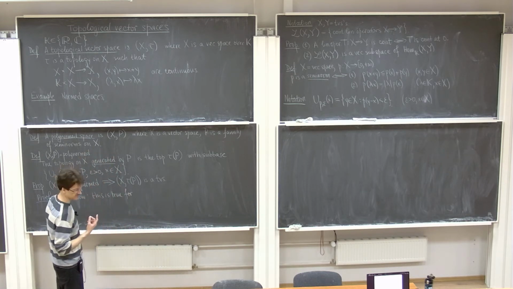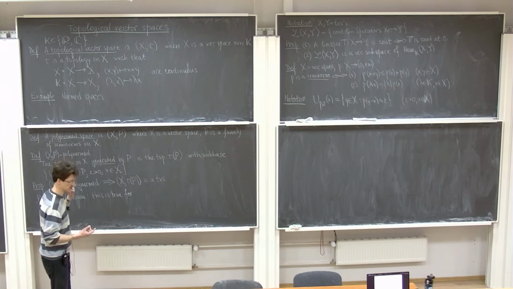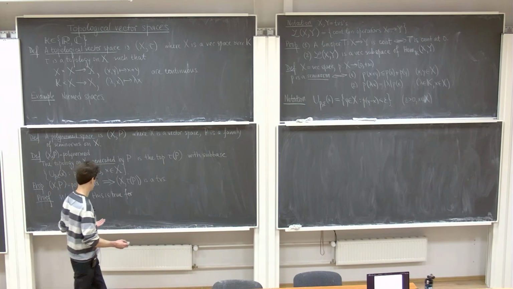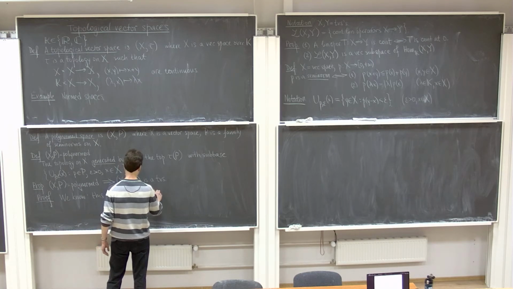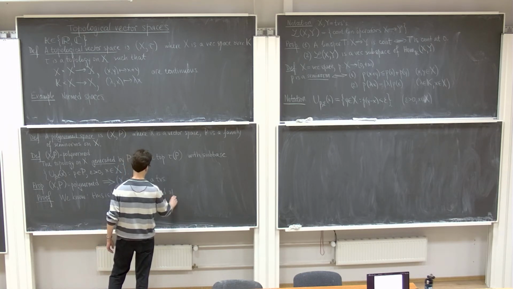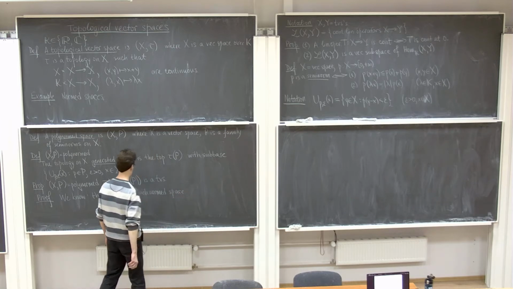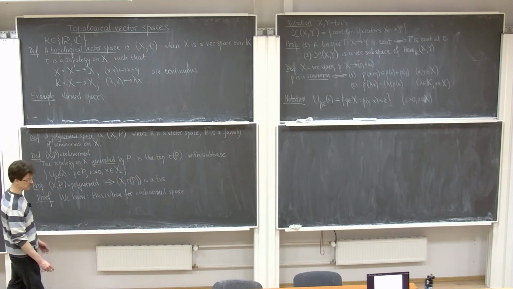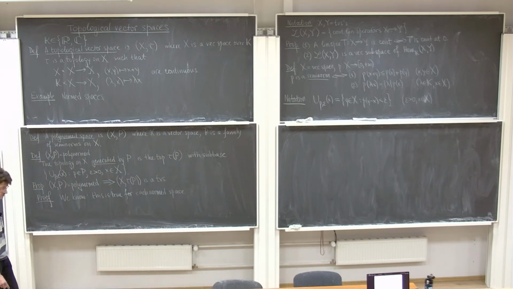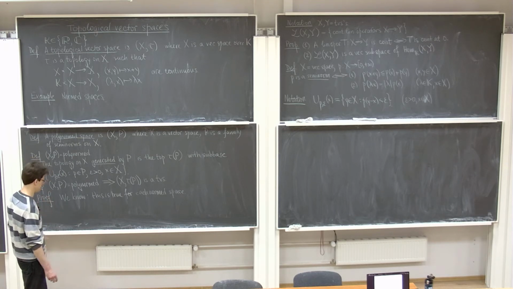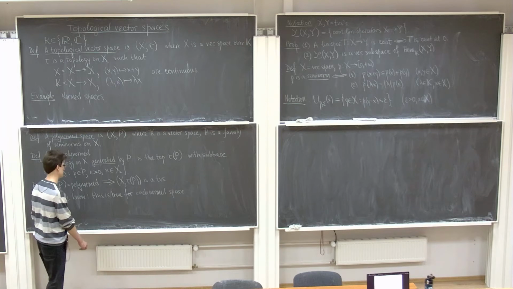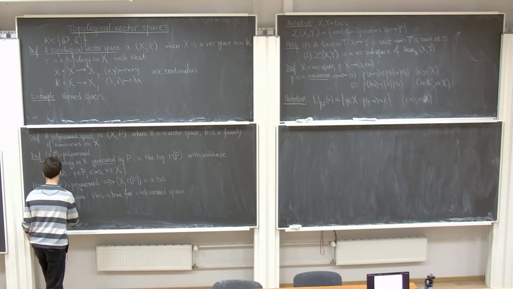If X is a normed space, if big P consists of a single norm, then this is true. So each normed space is a topological vector space. And in fact, the same argument shows that the same is true for seminormed spaces. If we replace a norm by a seminorm and consider a vector space equipped with one seminorm, then the same proof shows that the operations are continuous.